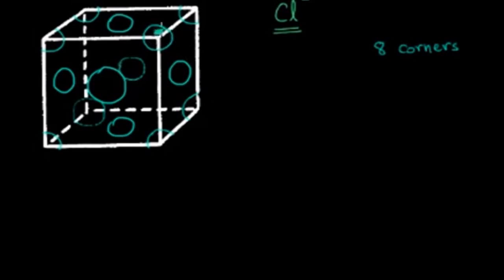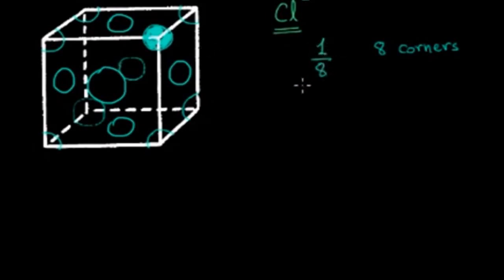First calculating the chloride ions present at the corners, if I fill up the shade present at each corner of this cube, it will be 1/8th of 1 chloride ion, meaning that 1/8th of a chloride ion is present at each corner.